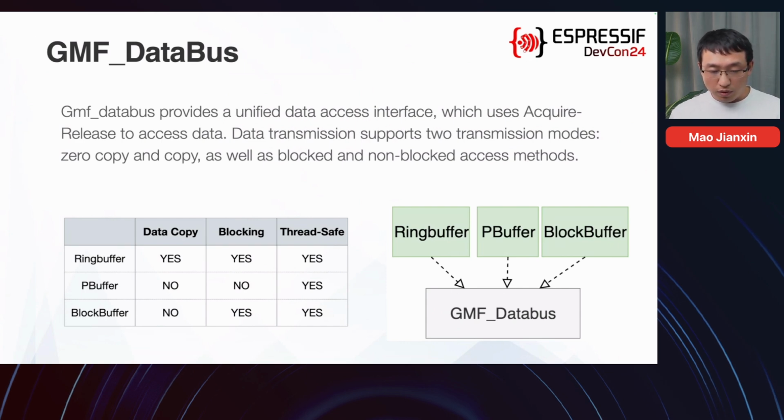At present, GMF supports three kinds of databus, namely RAM buffer, PTR buffer, and block buffer. All three interfaces are thread safe, of which PTR buffer and block buffer data transmission are zero copy. RAM buffer and block buffer provide the blocking interface that can be called in different threads.